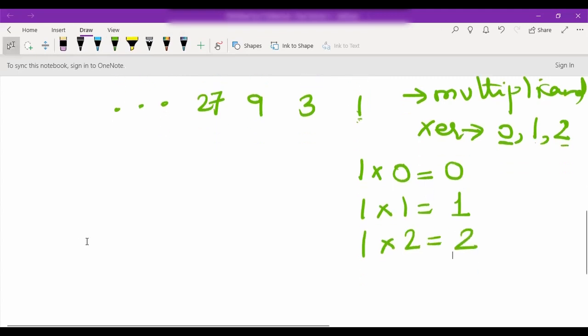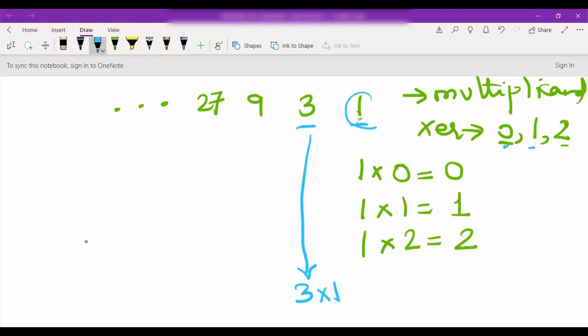Okay, now the number 3. How will I generate number 3? Which is the nearest number here? The nearest number is this 3 directly. So I will write 3, that is the multiplicand. What will be the multiplier? If I multiply with 0, I will get number 0. If I multiply 3 with 1, I will get the answer as 3. So this is your multiplier. Okay, what about this bit 1? Do you want this bit 1? No. So I'm going to reset it.